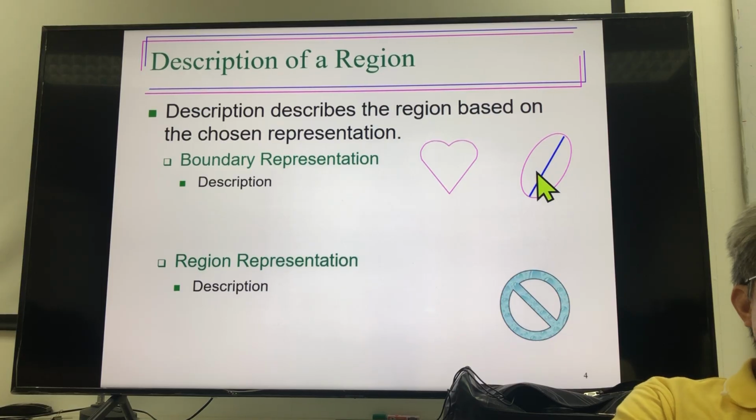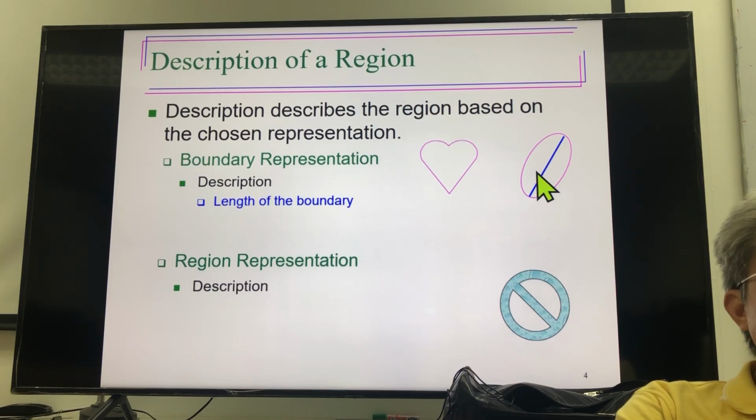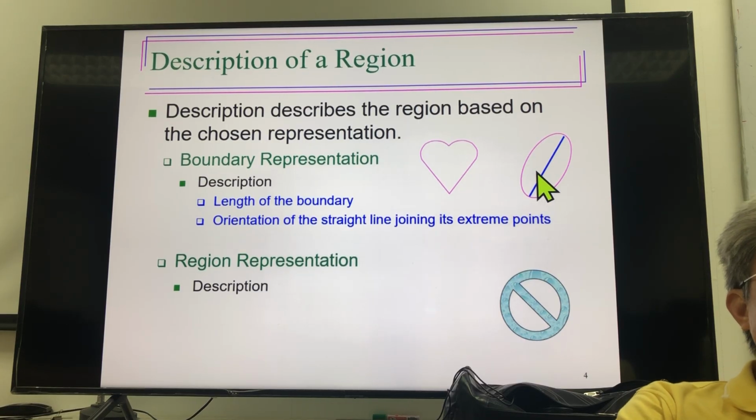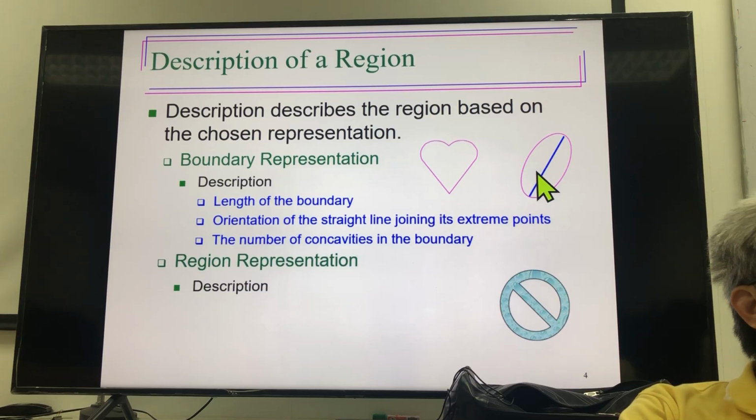Description is to describe the region based on each representation. For example, for boundary representation, the description could be the length of the boundary, the orientation of the straight line that joins the extreme points, or the number of concavities within the boundary.